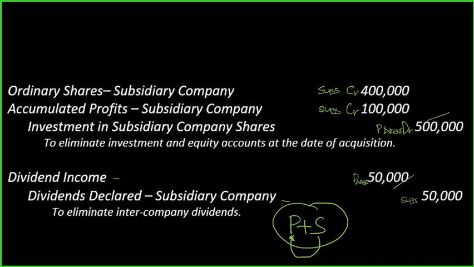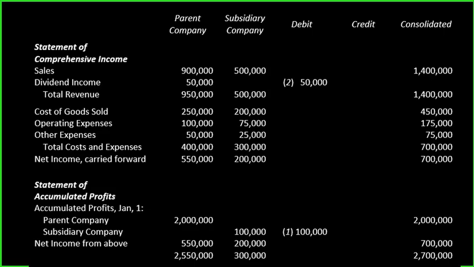And then you can now prepare your financial statements. Since it's wholly owned, there will be no minority interest net income. In your consolidated financial statements, the parent's income from its own operation will be consolidated with the subsidiary's income from its own operation.